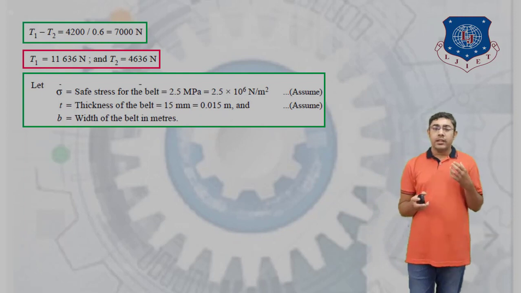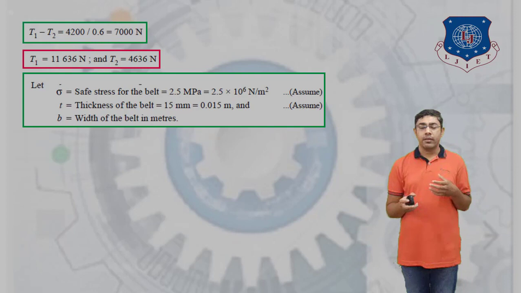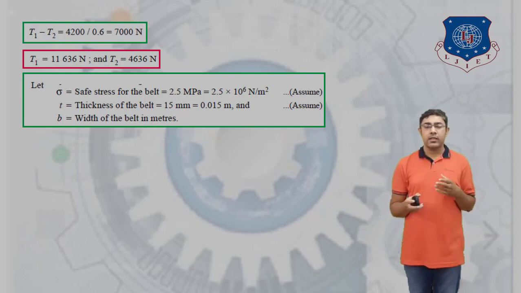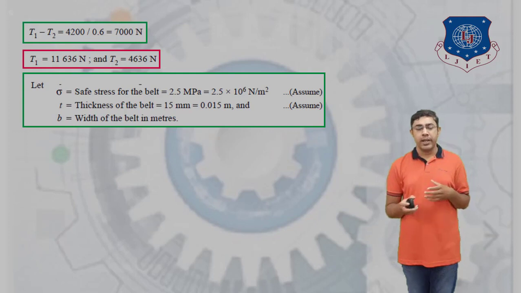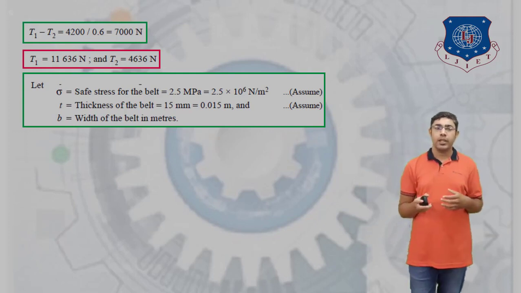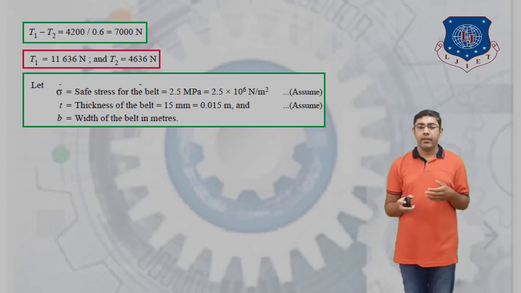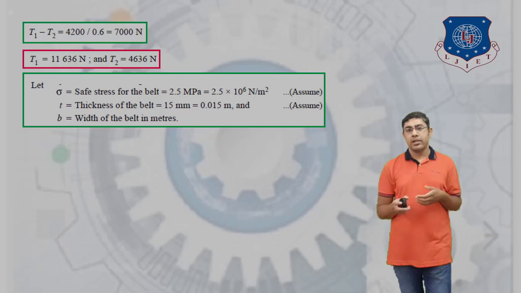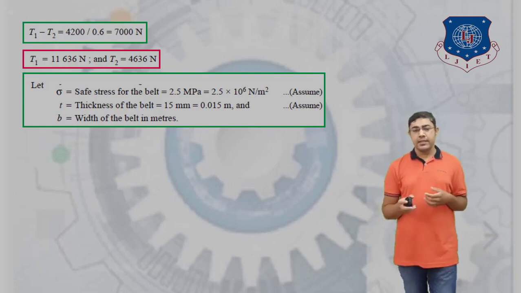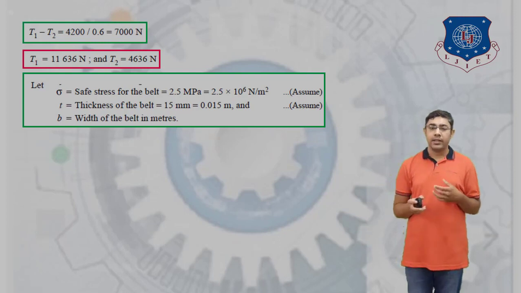Let sigma be the safe stress for the belt, which is equal to 2.5 megapascals, or 2.5 into 10 raised to 6 newtons per meter squared. This is the assumption for our design, and t is the thickness of the belt, equal to 15 mm, or 0.015 meters. This is also an assumption, and b is the width of the belt in meters.